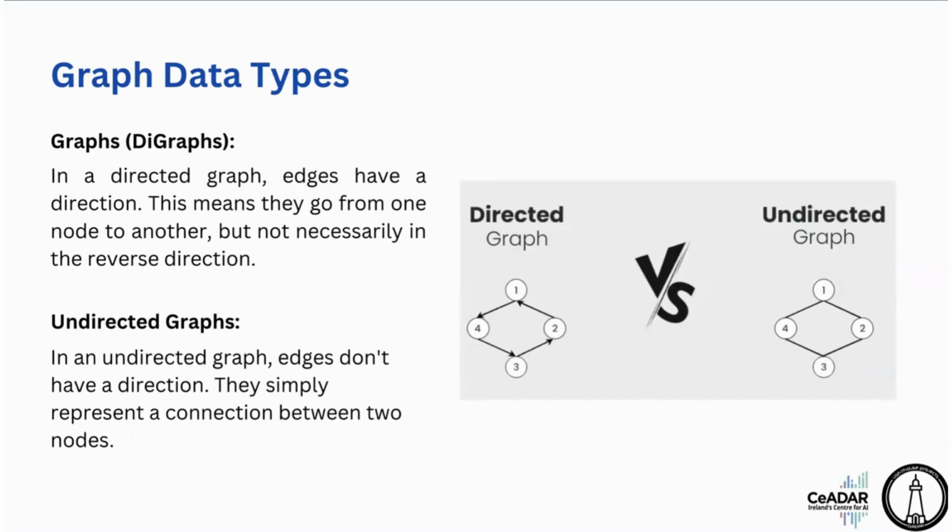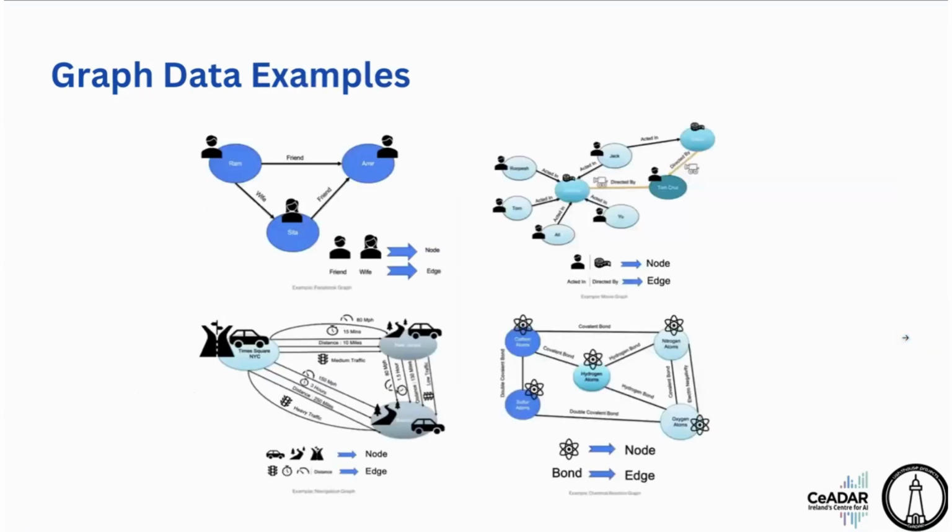An undirected graph does not have any directions. Say, in our graph, node one is connected to node two, but we are not sure of the direction. It can be from one to two or two to one. That's the basic difference between a directed graph and an undirected graph.